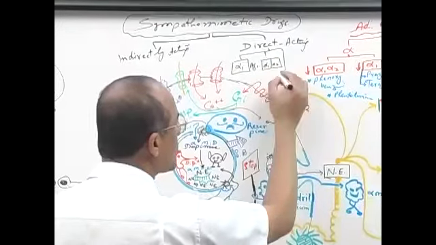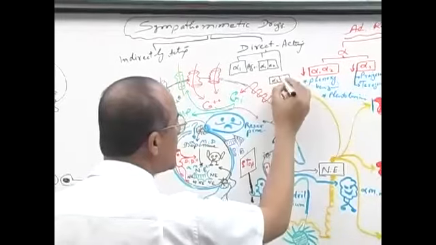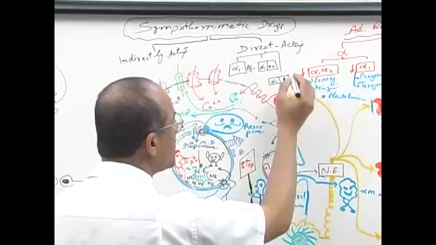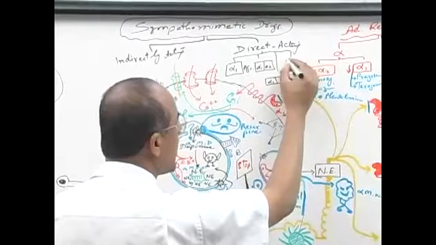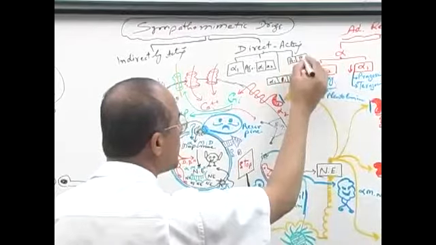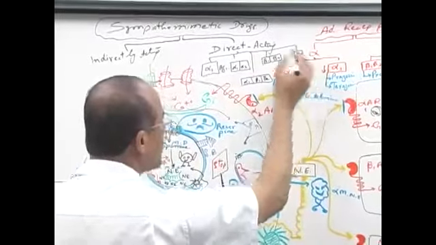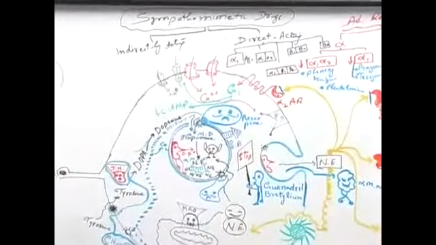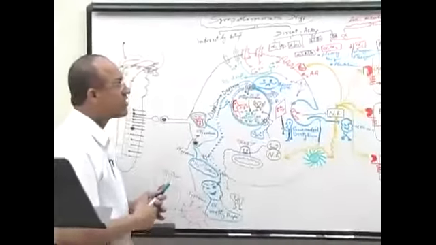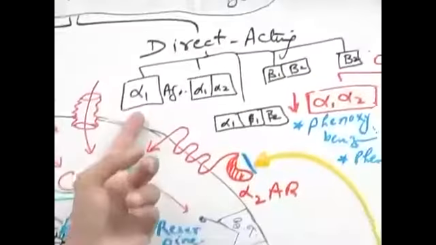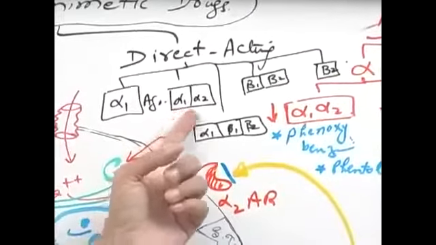There are some drugs which are alpha 1, beta 1 and beta 2 stimulants. Then there are drugs which are beta 1 and beta 2 stimulants. There are drugs which are mainly beta 2 stimulants. There are some drugs which will mainly stimulate the alpha 1 receptor, and some which stimulate alpha 1 and alpha 2.